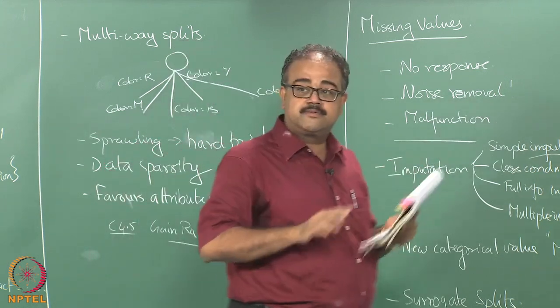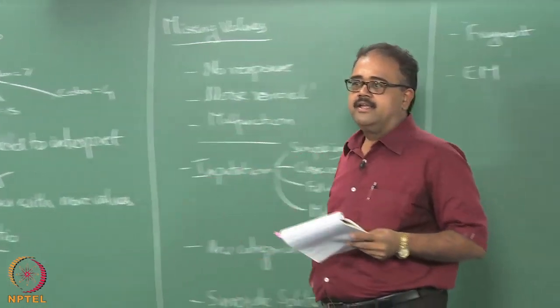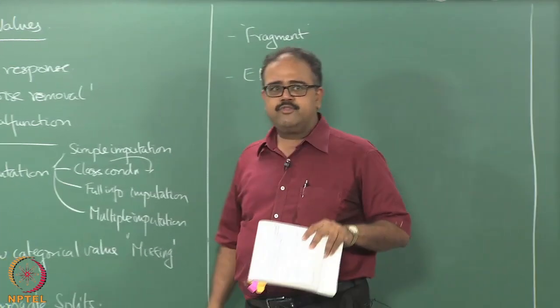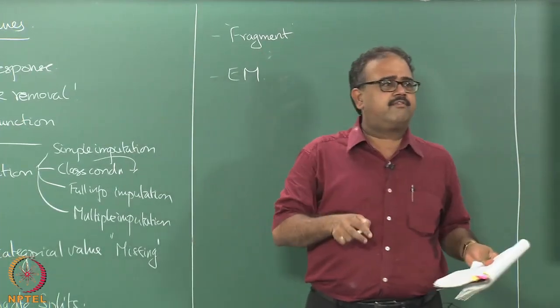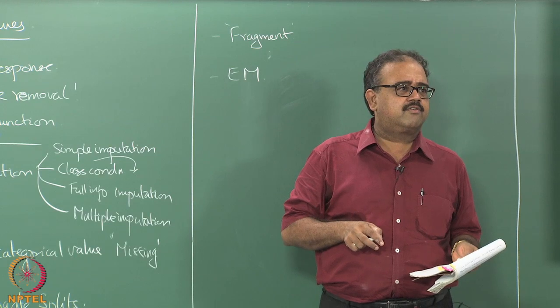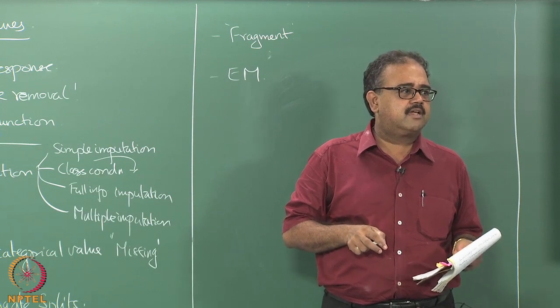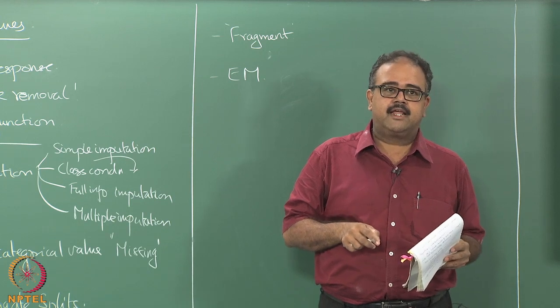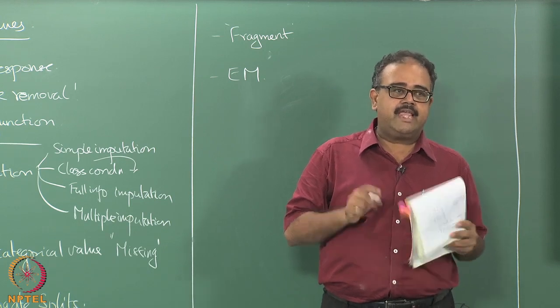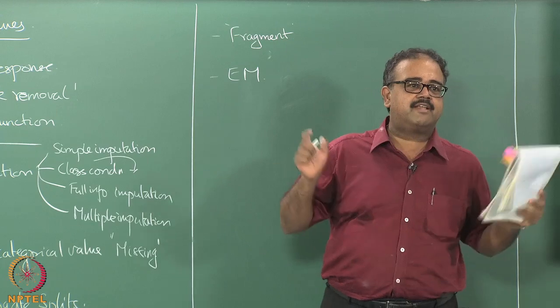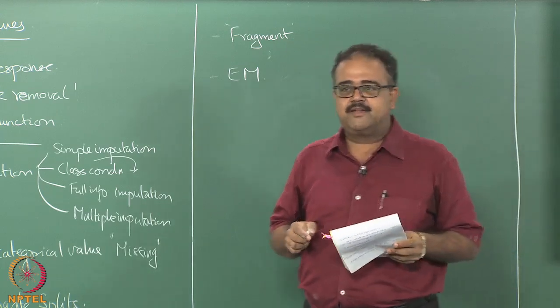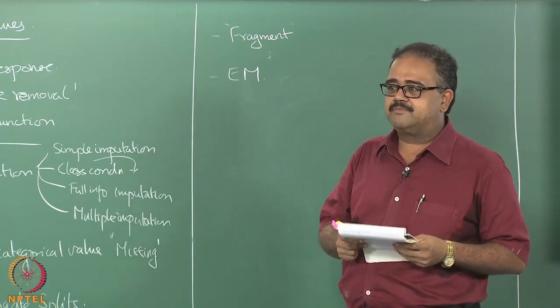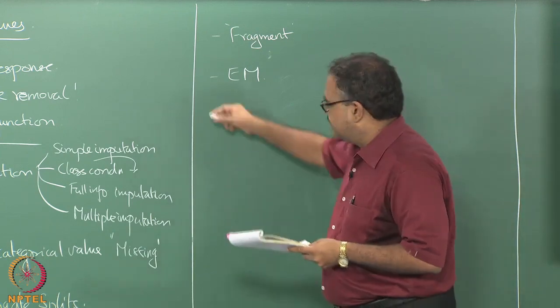I am not going to get into this because it is a pretty involved thing, and in fact if you think you have been having difficulty with any of the concepts we have covered so far in the class, you have not seen anything yet. EM is the one thing which everybody struggles with when they look at it the first time. So we will come to that later.